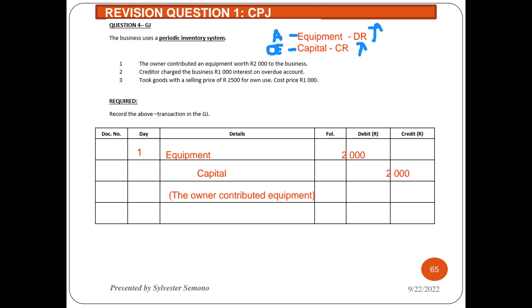I said narration you can put in your own way. You don't have to put it the same way I put it here. You can summarize using your own words. So that is how to record. The challenge is you need to know how to come up with this. Are we together, guys? Yes.